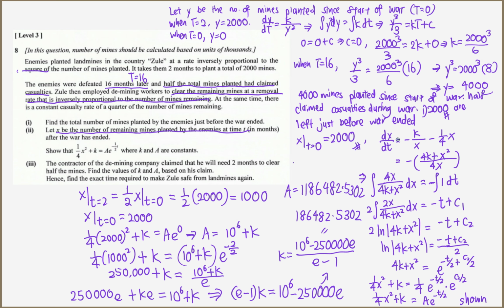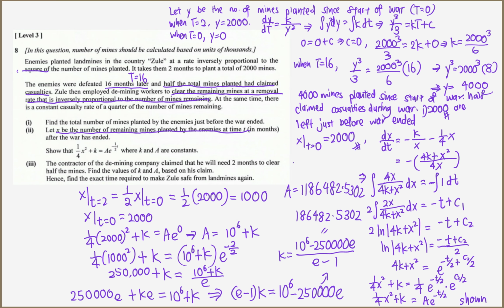The removal rate is inversely proportional to the number of mines remaining, so minus k over x. At the same time, there's a constant casualty rate of a quarter of the number of mines remaining, so minus 1/4 x, where x is the number of mines remaining.